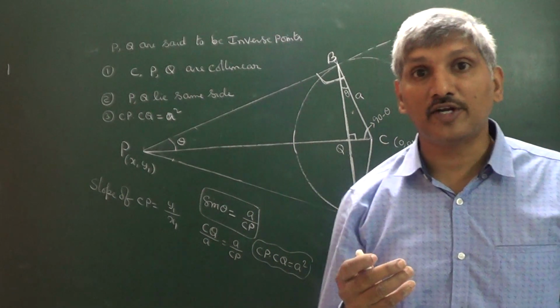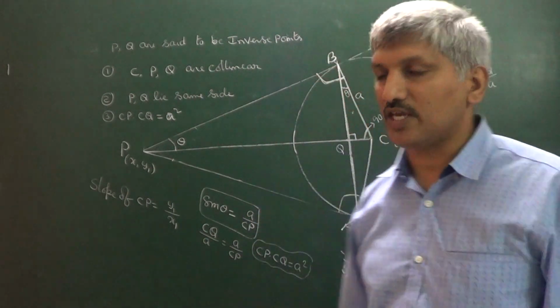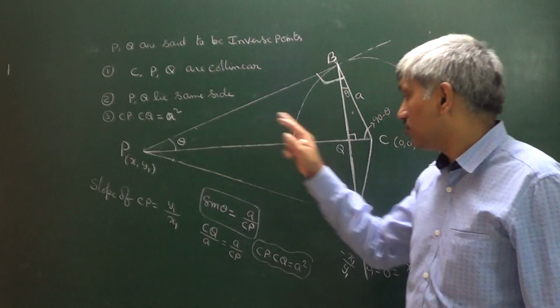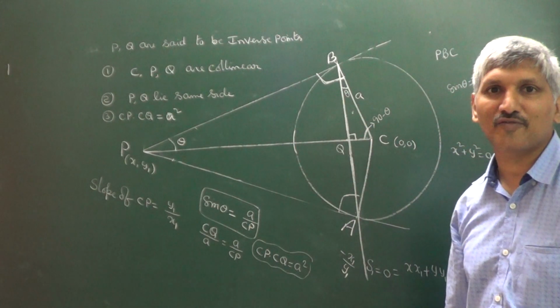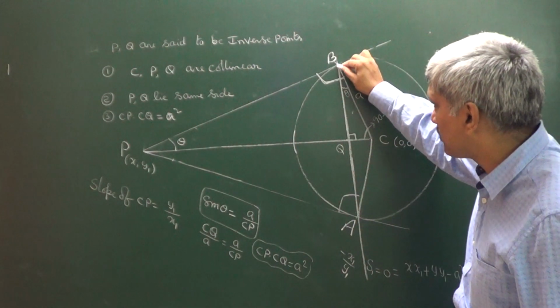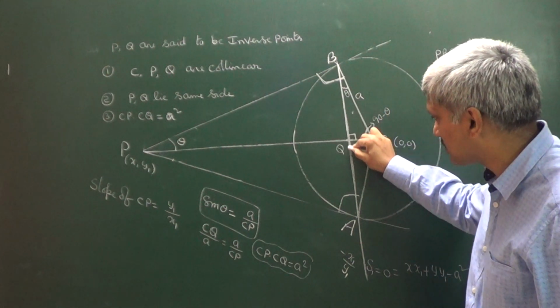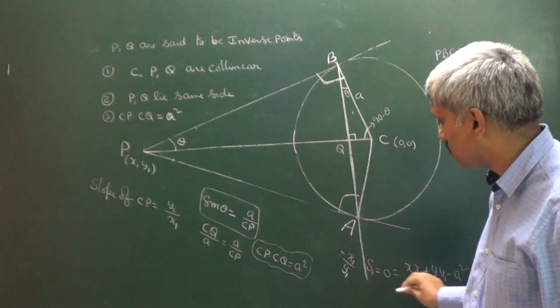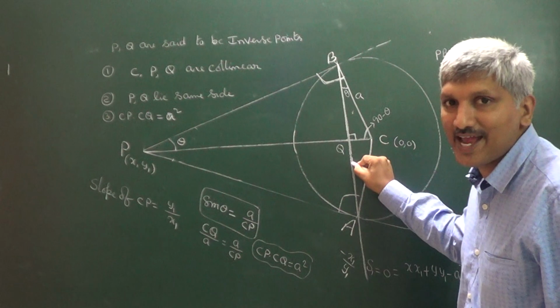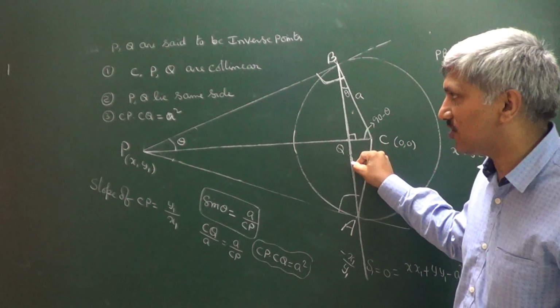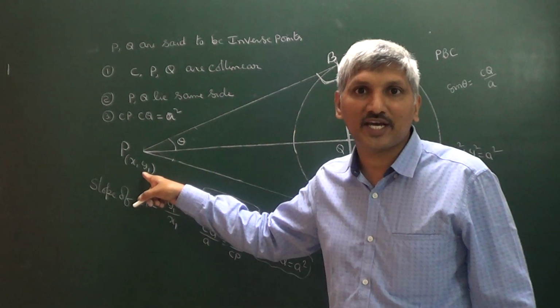Now, sir, I know the circle equation and I know the point P also. But then how to find out the inverse point of P? So P point you know, then how to find out the coordinates of Q? Yes, you can find out the chord of contact equation, S1 is equal to 0. That means you know this line S1 is equal to 0 and you know this point P(x1, y1).